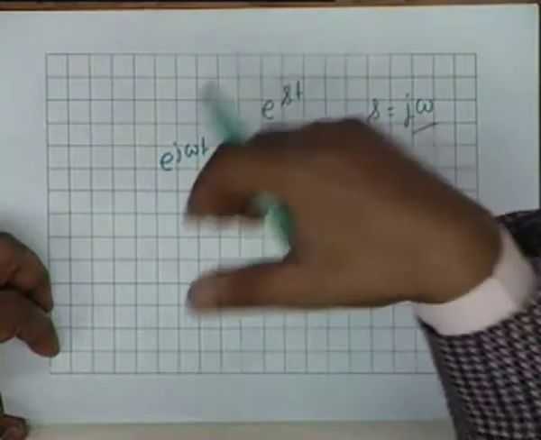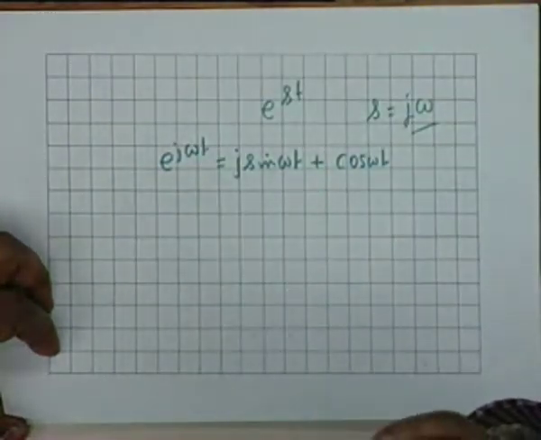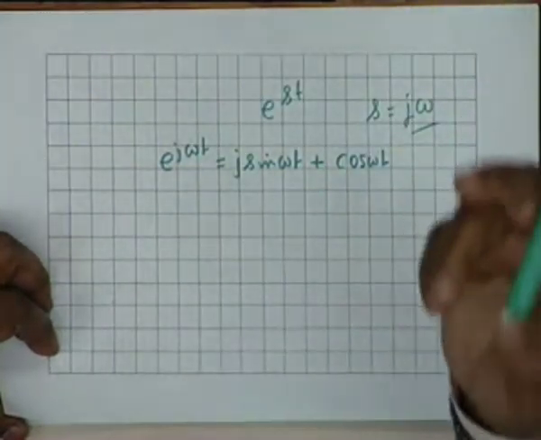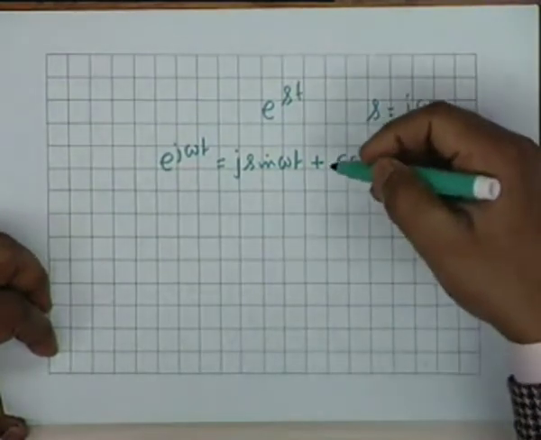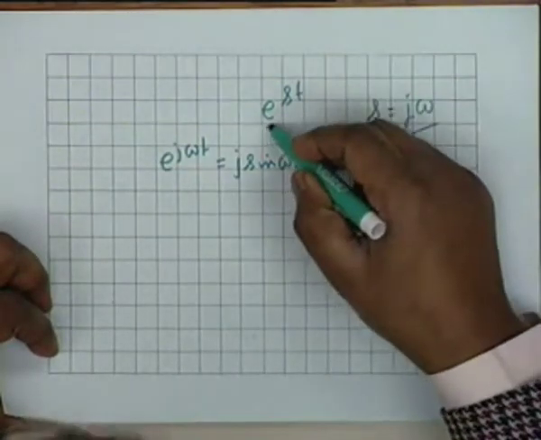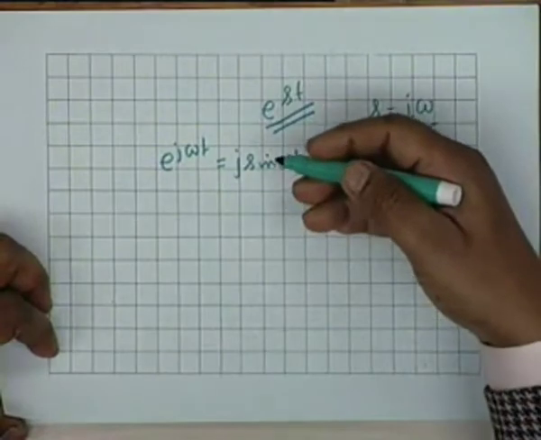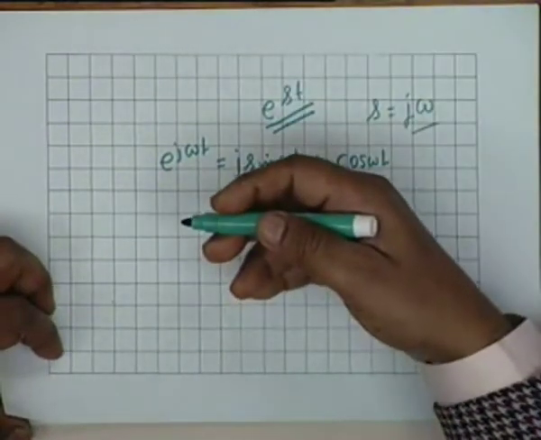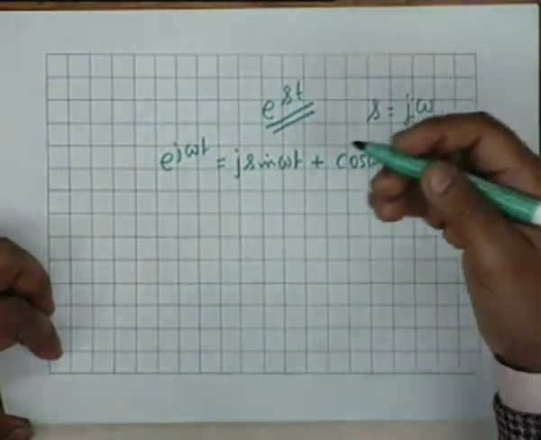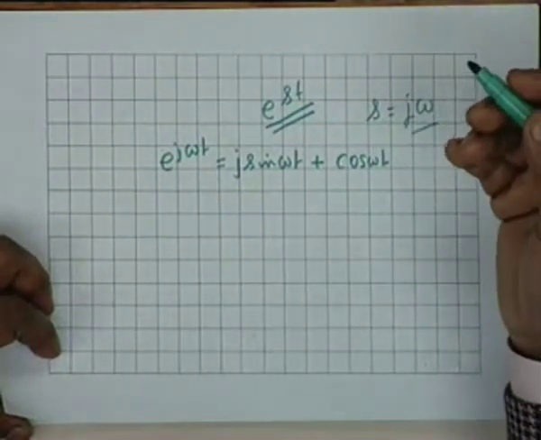Now we go the other way around, that is, we argue that if the excitation is sinusoidal, how to marry it with the concept of e to the st, the exponential function, or how to marry it with the concept of impedance.